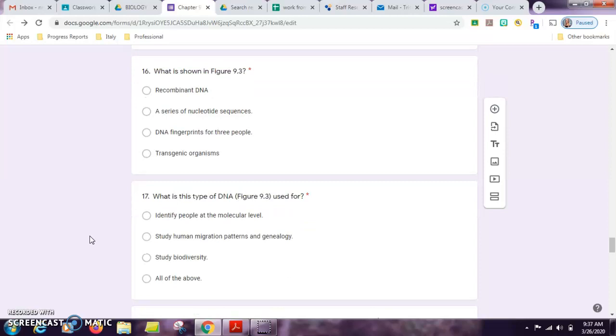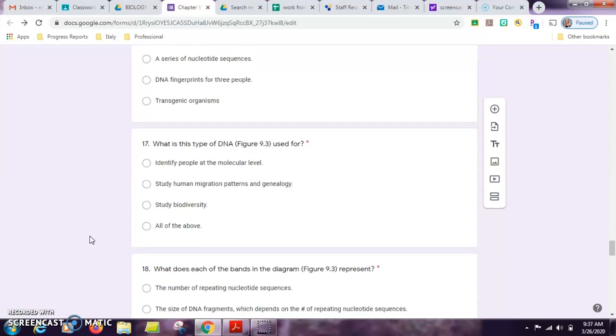Number 17 also uses figure 9.3, so make sure you look back at the picture to answer the question. Number 17 says, what is this type of DNA, or figure 9.3, used for? To identify people at the molecular level, study human migration patterns and genealogy, study biodiversity, or all of the above.